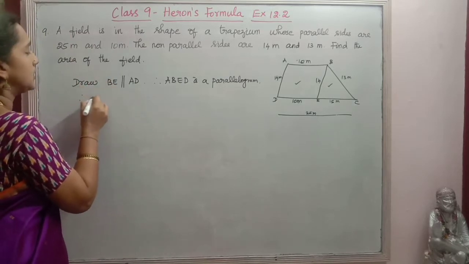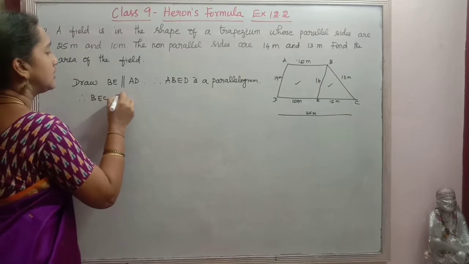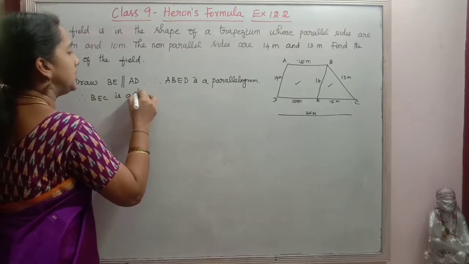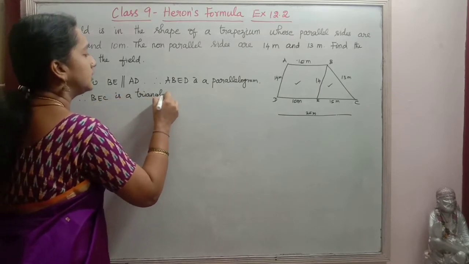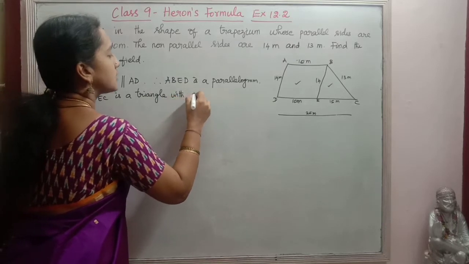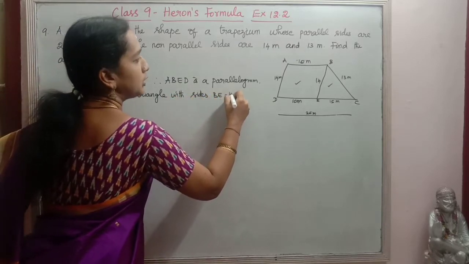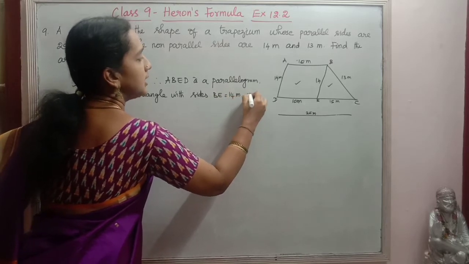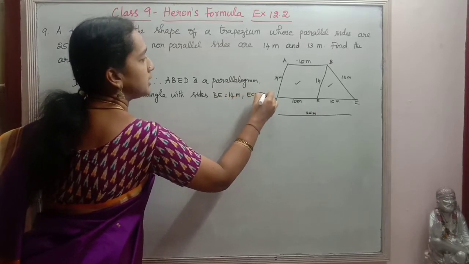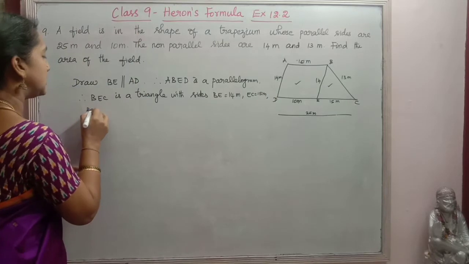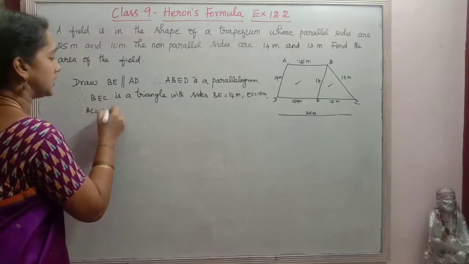Therefore BEC is a triangle with sides BE equal to 14 meter, EC equal to 15 meter, and BC equal to 13 meter.